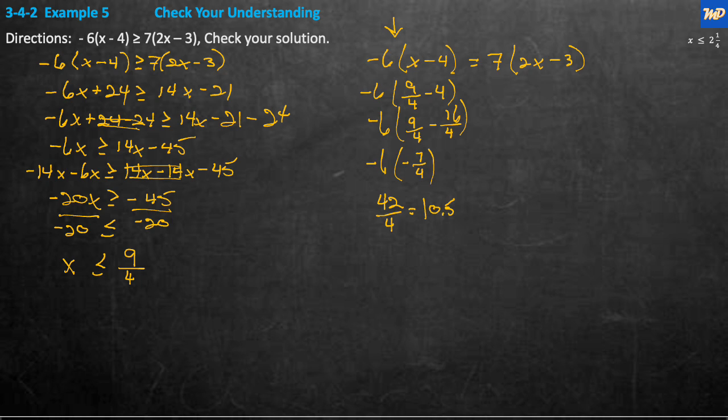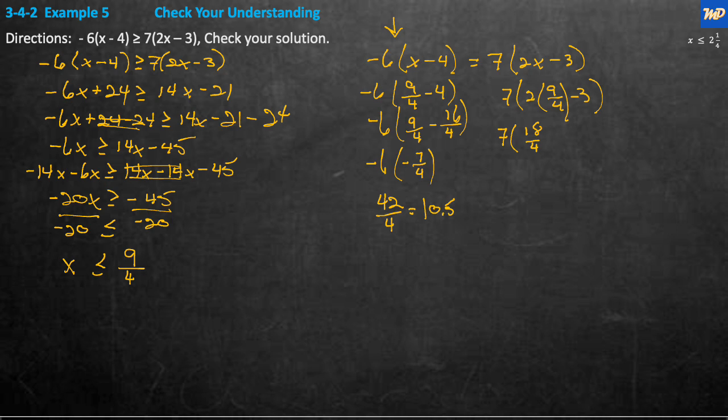Okay. Now let's try the right-hand side, see what we've got. So we're going to say 7 times the quantity 2 times 9 fourths minus 3. So let's do the inside piece here. Leave the 7 alone. So 7 times the quantity 2 times 9 fourths, which is 18 fourths.